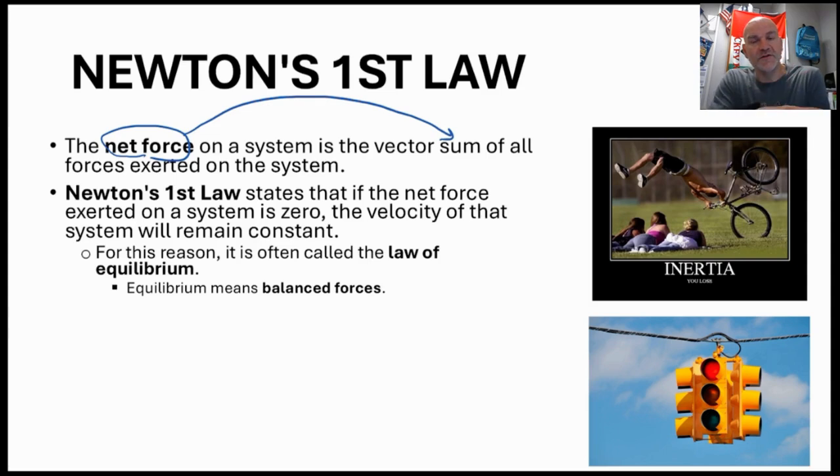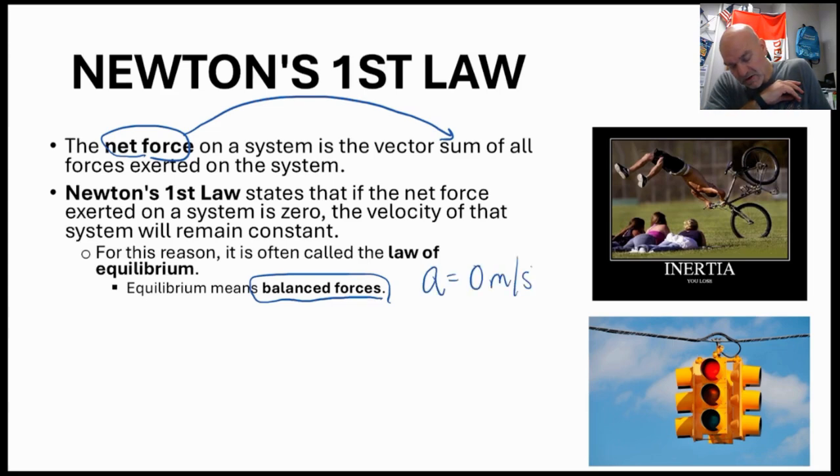The first law has two subheadings. The first one is the law of equilibrium, and essentially equilibrium means balanced forces. If we remind ourselves what constant velocity means, that means there's no acceleration. So in the first law, objects are not being accelerated.